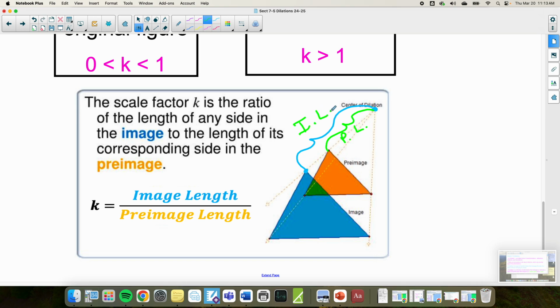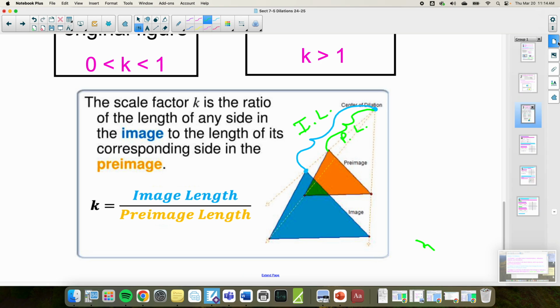To find K, I would take the distance from my center to my image on one of those sides and put that on top, the distance from my center to one of the corresponding points for the pre-image length, and I'd reduce that as a fraction. If it's not a fraction, I would put it as a decimal.